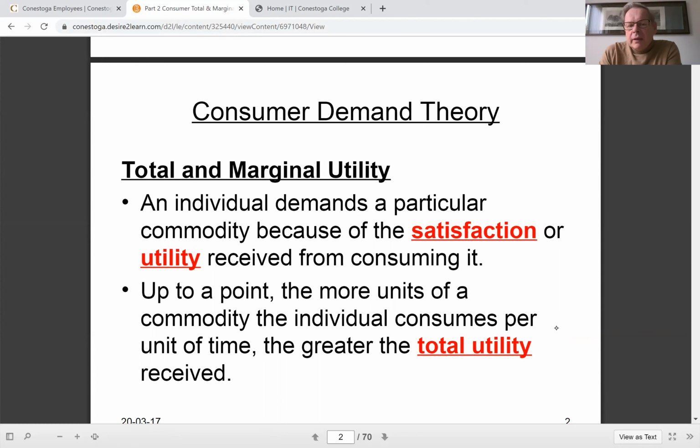The number of utils, or the amount of satisfaction that we get, increases at a decreasing rate. And that is the total utility. Our total utility is increasing at a decreasing rate. The more of a commodity that we consume, the greater our level of satisfaction, or the higher our total utility will be.